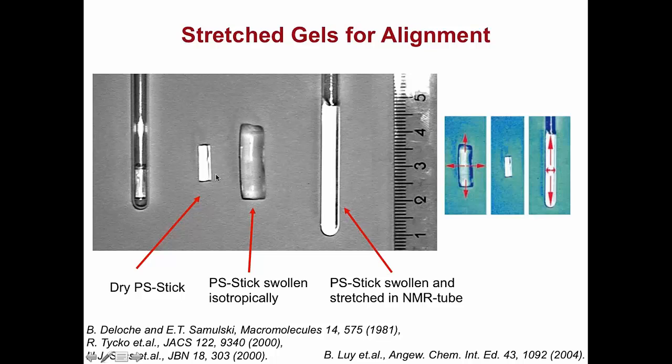The gel, when it is swollen inside the NMR tube, touches the walls, and since it has to keep swelling, it self-stretches, and then you have an anisotropy. This is based, in fact, on an article by Deloche and Samulski in 1981, and this is what inspired the use of polyacrylamide in proteins.